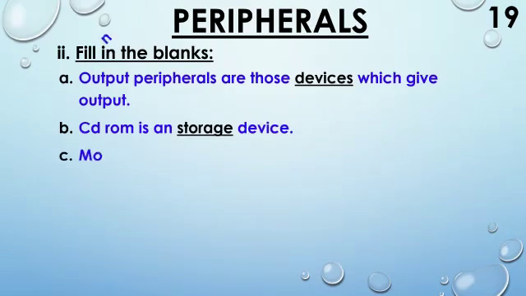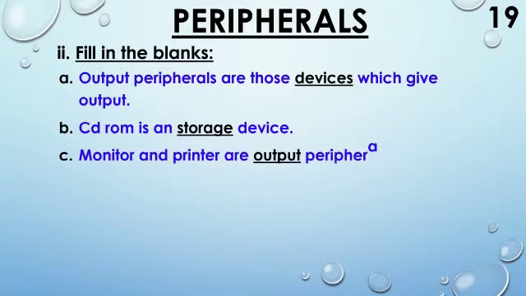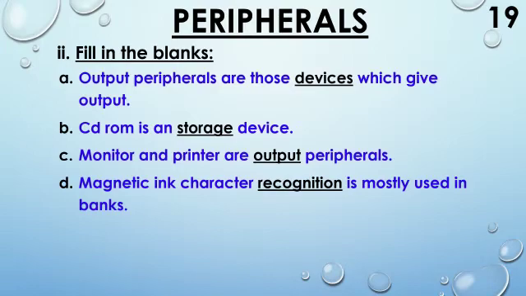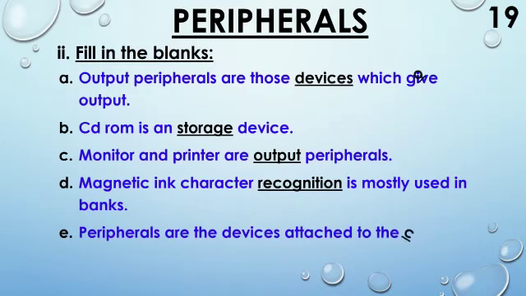C. Monitor and printer are dash output peripherals. D. Magnetic ink character dash is mostly used in banks. Answer is recognition. E. Peripherals are the devices attached to the dash computer.